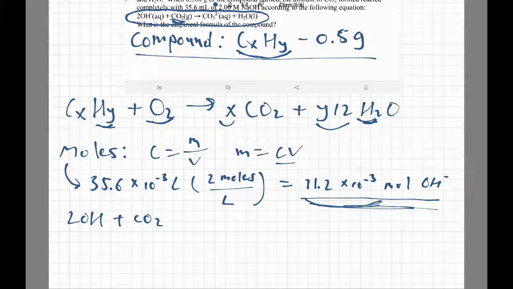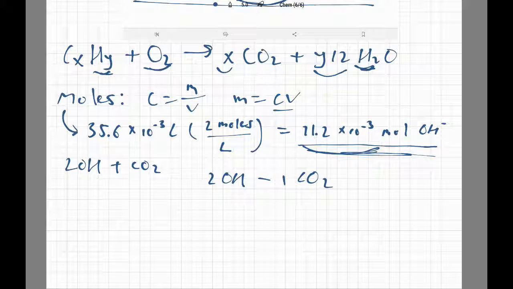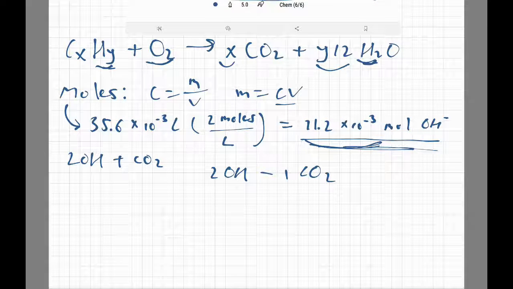So from here, I can make a little proportionality chart again, that if 2OH reacts with 1 carbon dioxide, these 2's and 1's are moles, then I'll form X moles of carbon dioxide if I have 71.2 times 10 to negative 3 moles of OH.